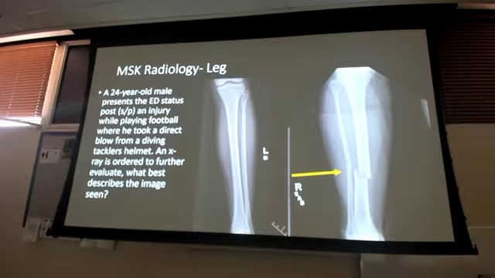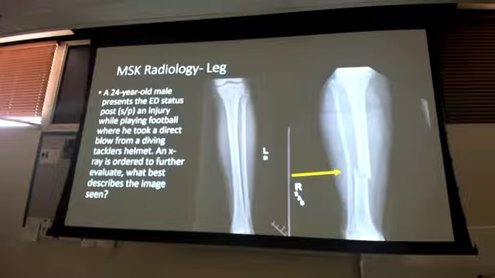This is one of those situations where I recognize this might be construed as potential spiral, but remember, spiral is an advancement of an oblique fracture, not a transverse fracture, and I gave you the mechanism of injury to tell you it was a direct blow, so not a rotational force. So this is one of those examples where, does it look spiral or not? You're not really sure. Let me go back to the injury. The injury is a direct blow.